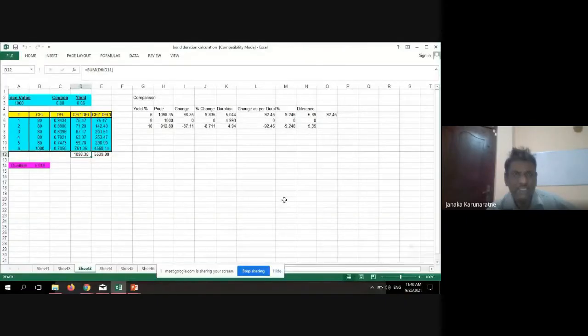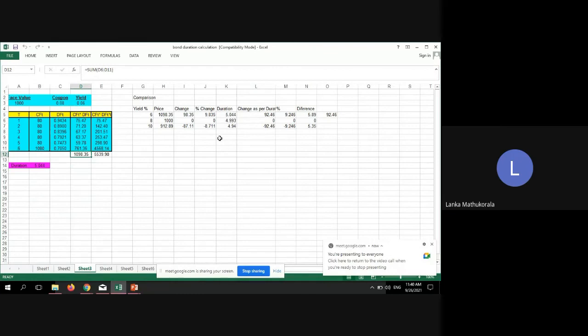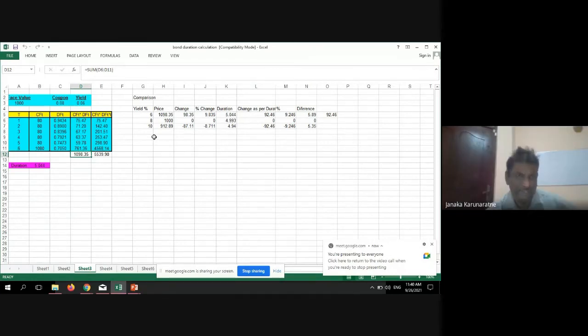Can you all see this? Yes, sir. Okay, so the second: if the interest rate, the yield, rises to 10%, the price, as we computed earlier, is 912.89, and if the interest rate drops to 6%, it is 1098.35.